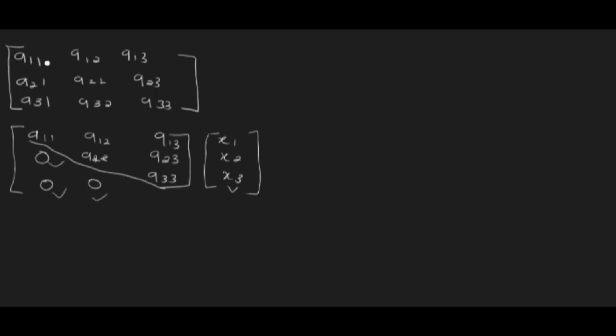Always divide your first entry, that is the a11, by a11. You divide it by a11, then after that you multiply it by this one. So first divide this whole row 1 by this constant here, then after you multiply it by what? a21.